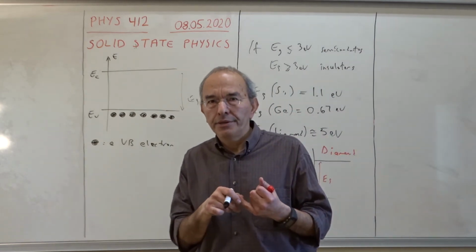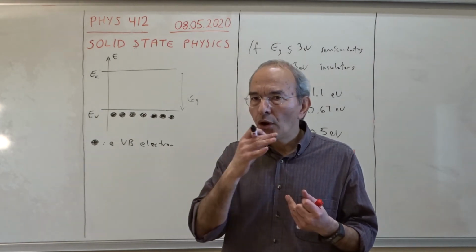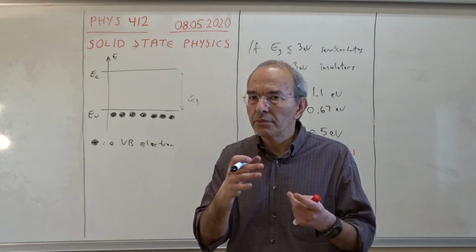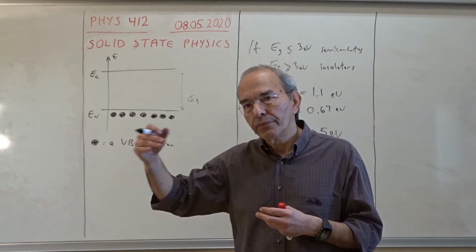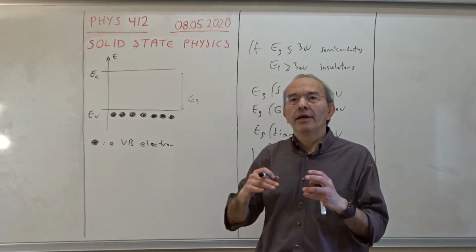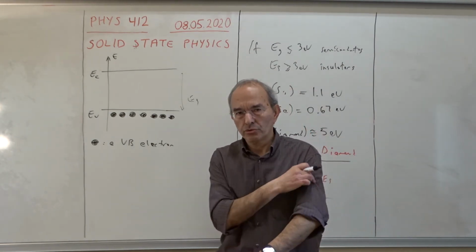Either by heating the sample, increasing the temperature, or by optical means. Optical here means a photon sent to the sample having enough energy, as I will try to draw soon.